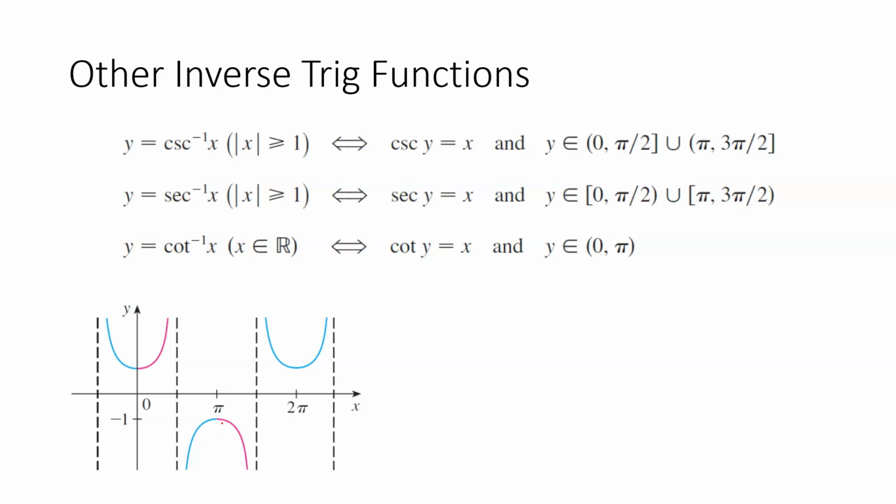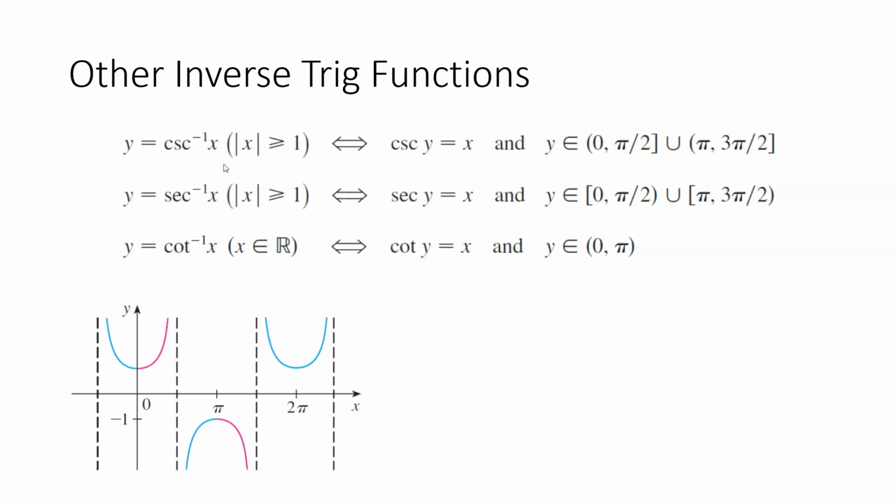And the choice of these two branches is a little bit different than the way that some other books might choose to do it. Some books might choose the interval from pi over 2 to pi instead of from pi to 3 pi over 2. But that's just a choice of the author, and I think it makes sense to do it this way, because what we'll see in a moment is by defining it this way, we've simplified the formula for the derivative of the secant inverse function.